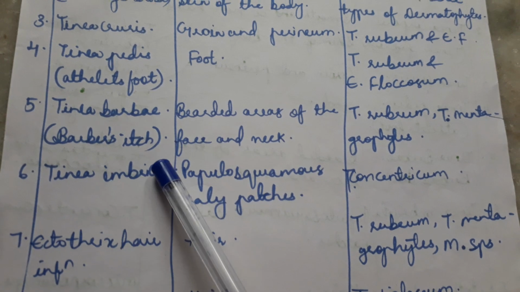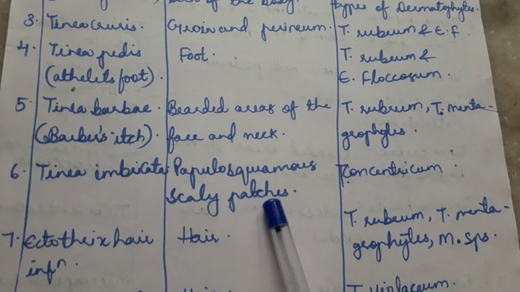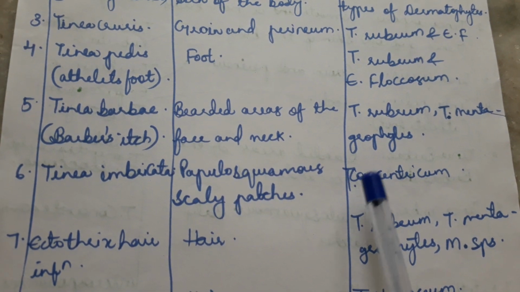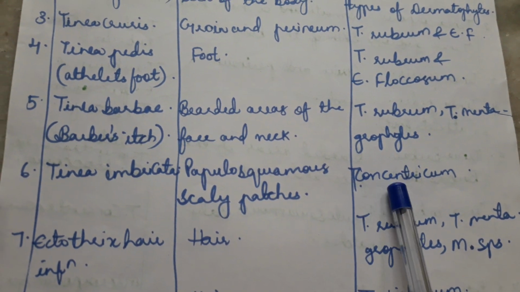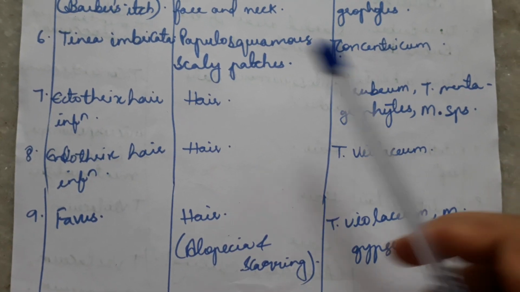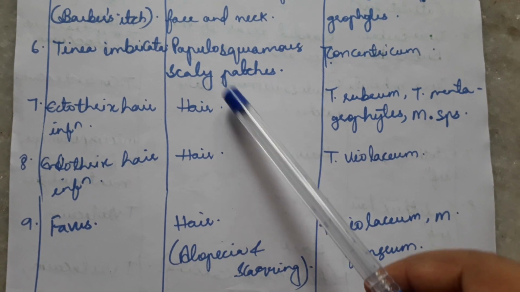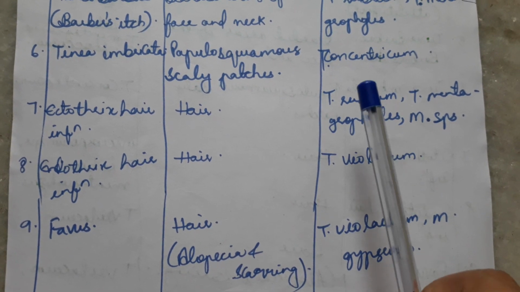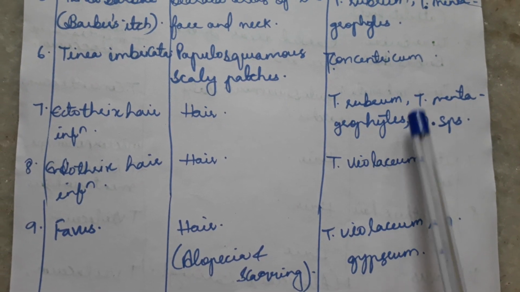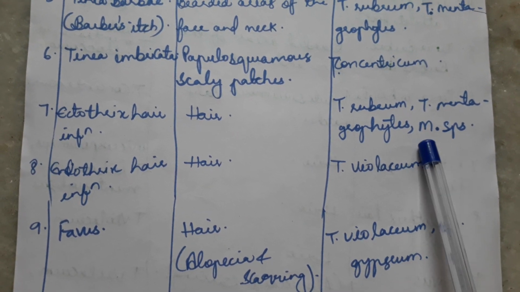Tinea imbricata: the site is papulosquamous scaly patches. The causative agent is Trichophyton concentricum. Then ectothrix hair infection: the site is hair, and the species are Trichophyton rubrum, Trichophyton mentagrophytes and Microsporum species.